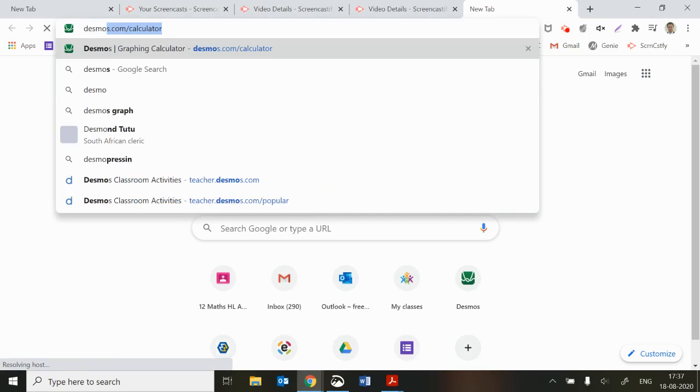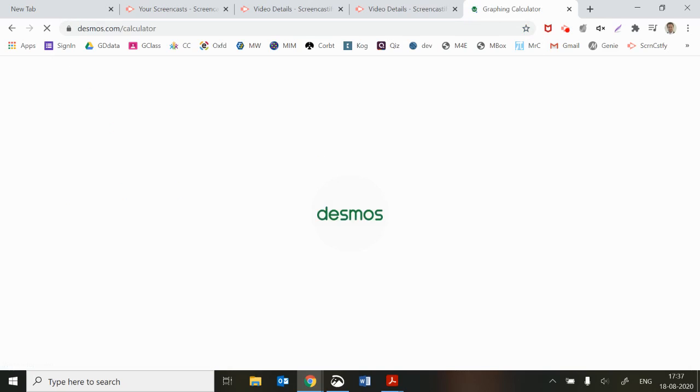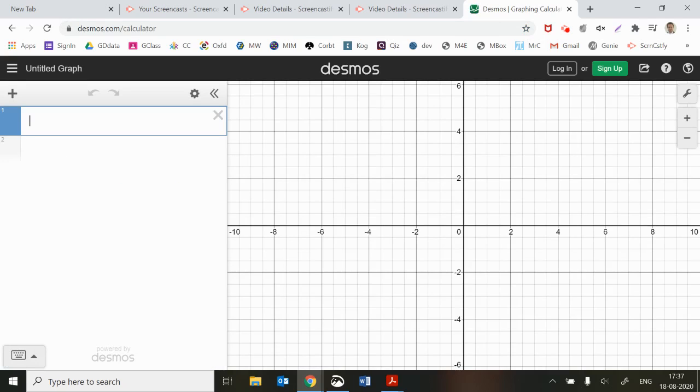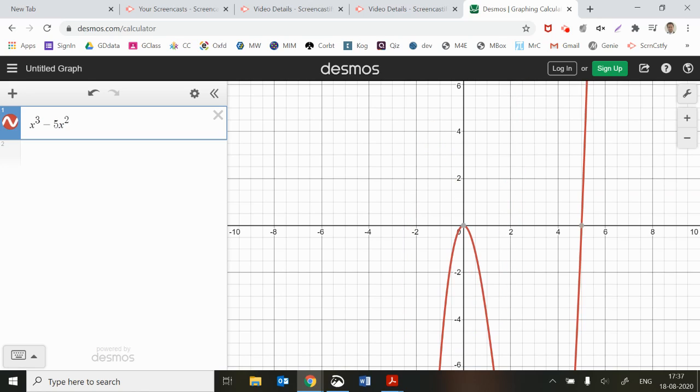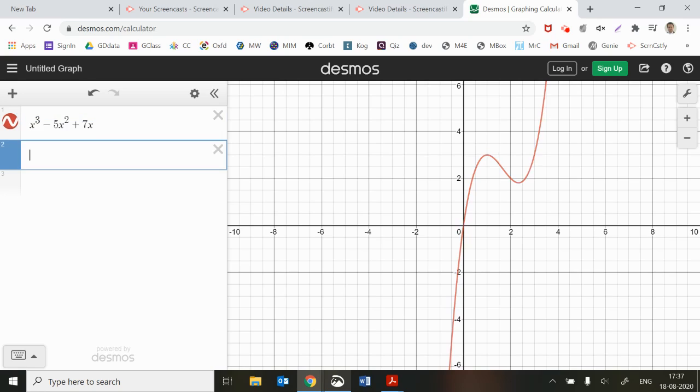Okay. Desmos. We've got x cubed minus 5x squared, and what was the rest of it? We had plus 7x. You see it can actually type this in without actually defining this as y, but there we go.